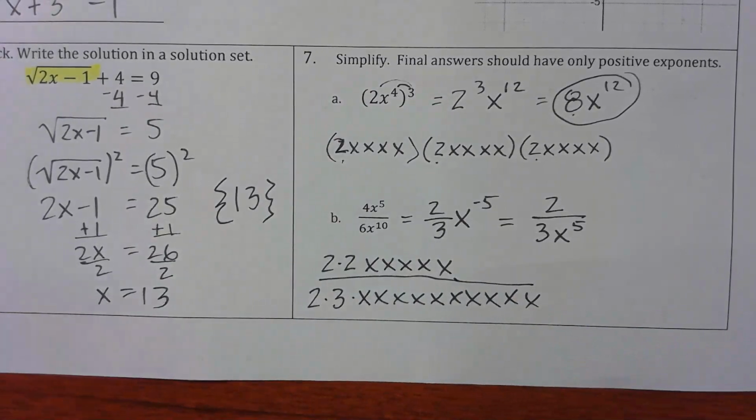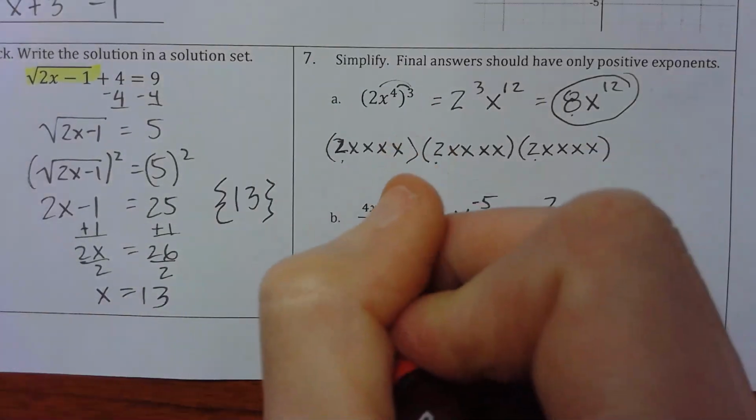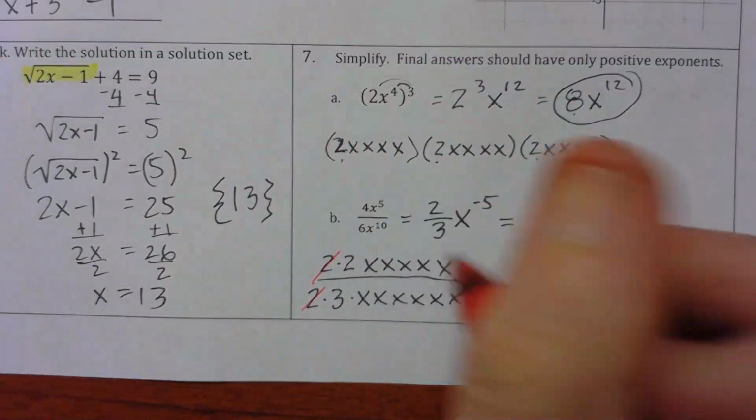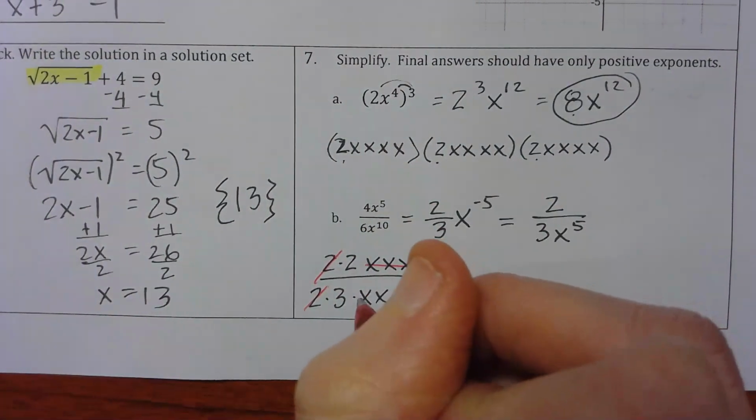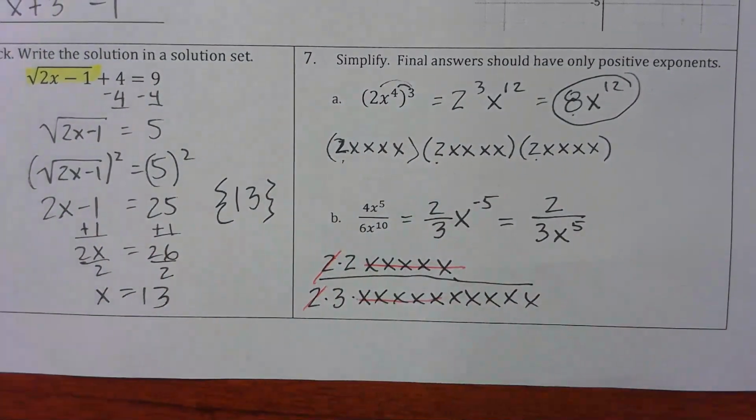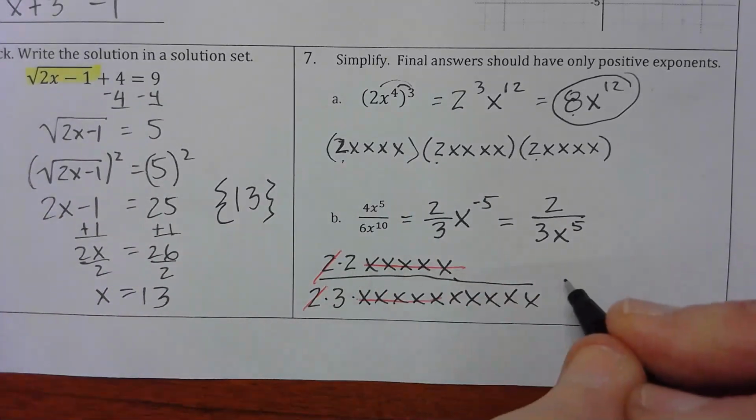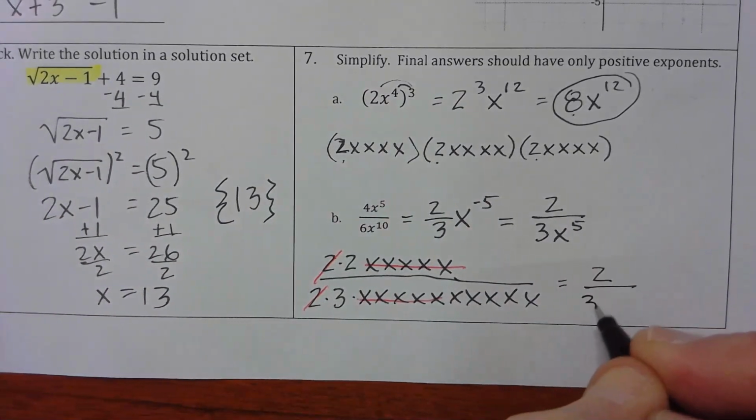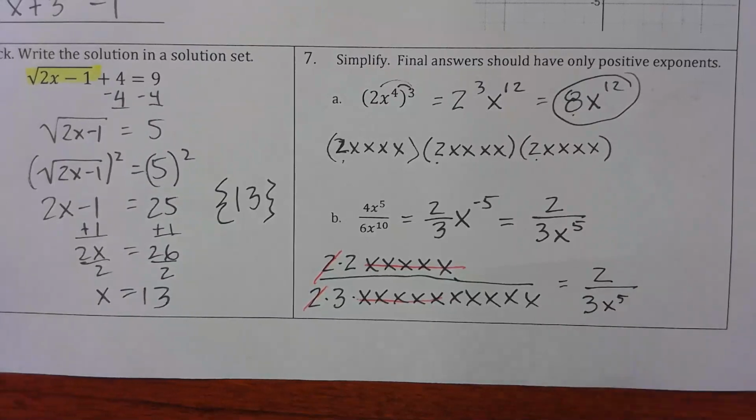And then I look to cancel. I'm like, okay, I got a 2 in the numerator and a 2 in the denominator. And I can cancel out 5 x's from the numerator and 5 x's from the denominator. And I am left with a 2 in the numerator, a 3 in the denominator, and then 5 x's in the denominator. So same solution, same answer, just 2 different methods.